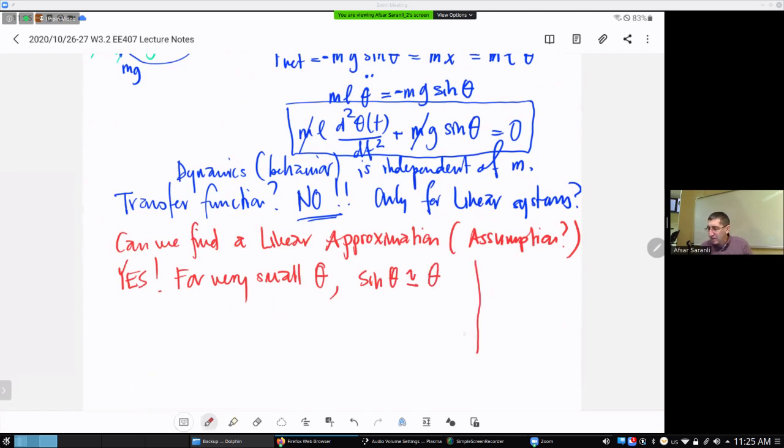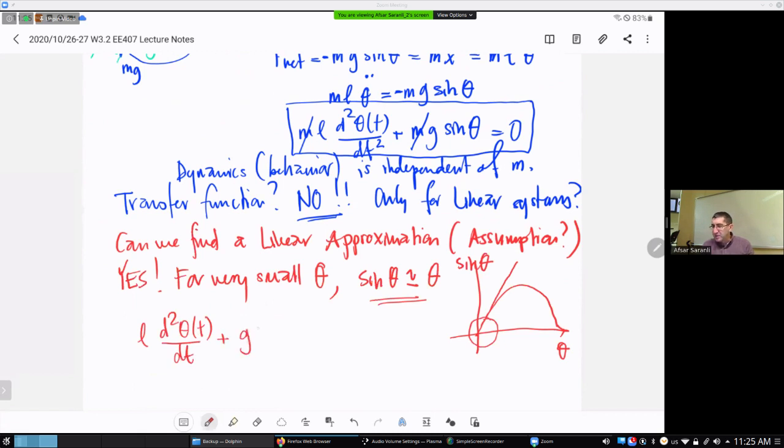Because we know how sine works. Sine goes like that, and for very small theta, if you're within this region of small angles, you can make that approximation. In that case, your differential equation becomes L times the second derivative of theta of t plus g times theta of t is equal to 0.